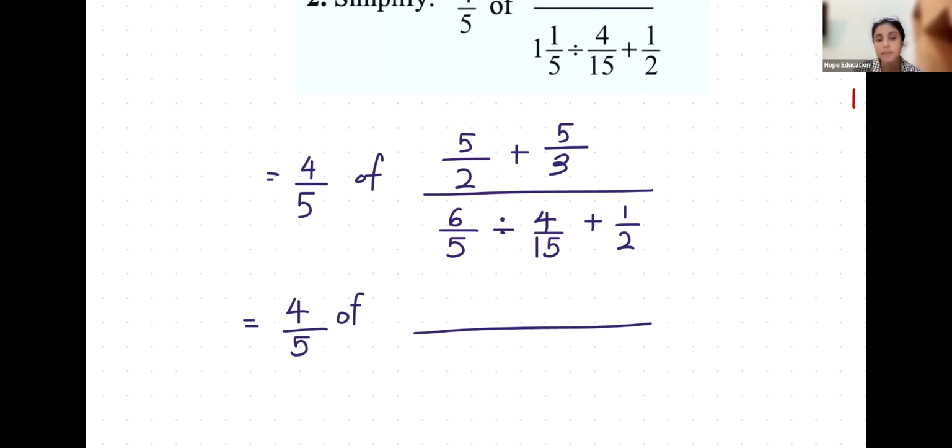In order to make 2 into 6, I multiply by 3, then 5 also I have to multiply by 3. In order to make 3 into 6, I have to multiply by 2, so this also I multiply by 2. So I get 3 times 5 is 15, 3 times 2 is 6, plus 5 times 2 is 10, 3 times 2 is 6.